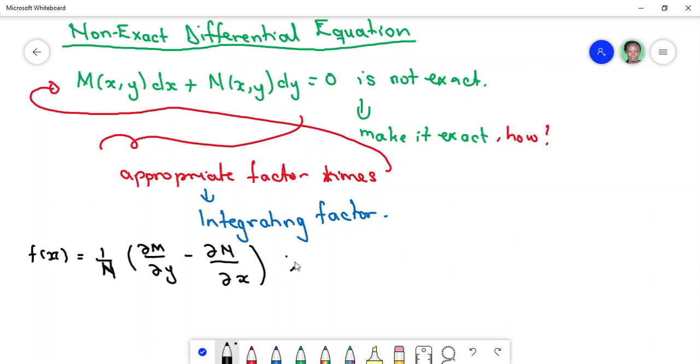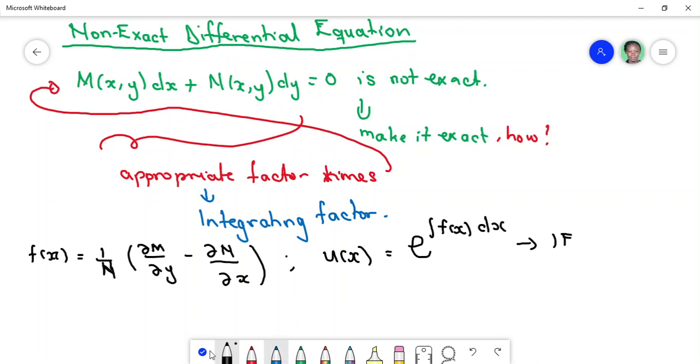So my integrating factor, u of x, is going to be the exponential of the integral of f of x dx.